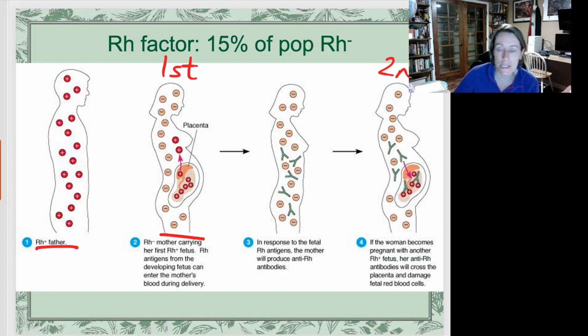So she passes anti-rhesus antibodies to the fetus, and the fetus has rhesus carrying red blood cells. So those antibodies are going to stick to the red blood cells, which you see happening here, and they're going to destroy or help to destroy the red blood cells, which is bad because the baby needs its red blood cells. And so this is usually a big deal.